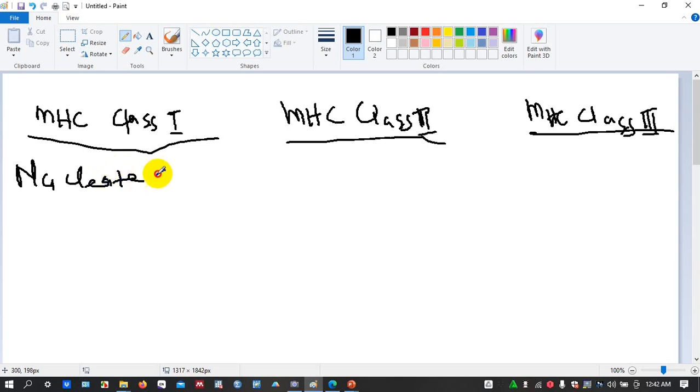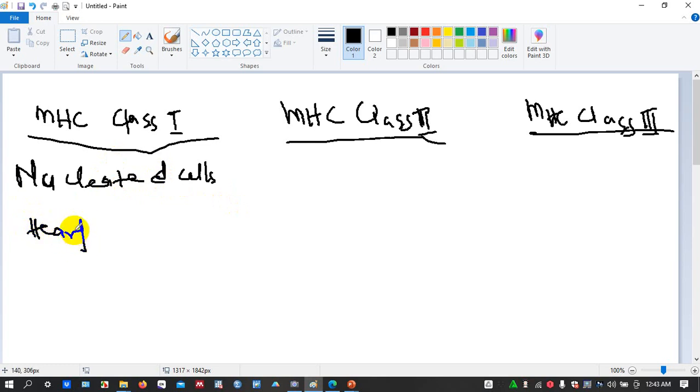All nucleated, that means cells that have a nucleus. Whereas class 2 is found in... so like I said, the MHC class 1 is found in all nucleated cells. For instance, the cells of the heart.